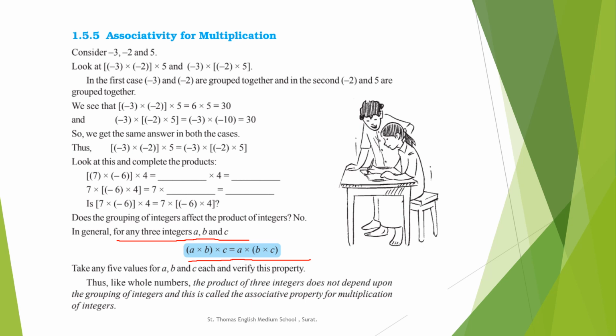Just like whole numbers, the product of three integers does not depend upon the grouping of integers, and this is called associative property for multiplication of integers. That is, a multiplied by b, bracket, multiplied by c is equal to a multiplied by bracket b multiplied by c. Clear?